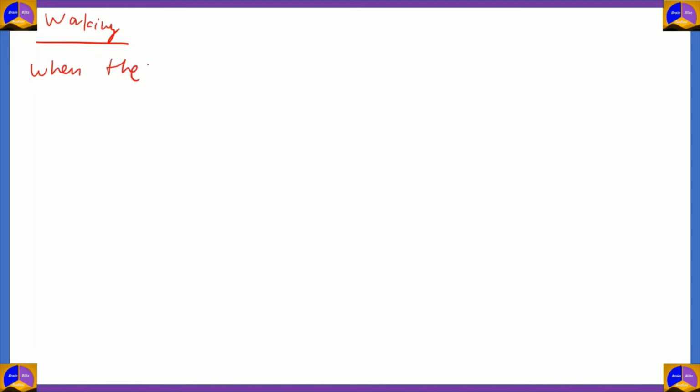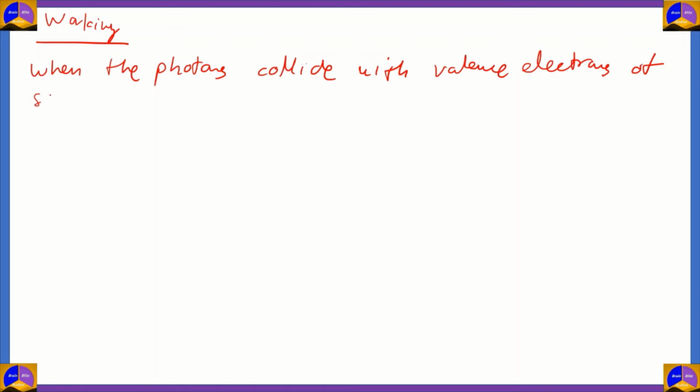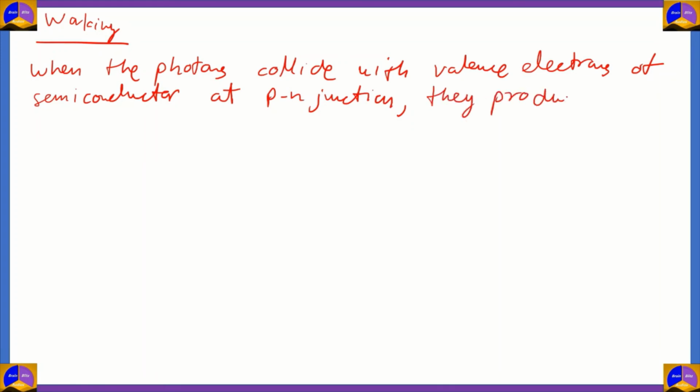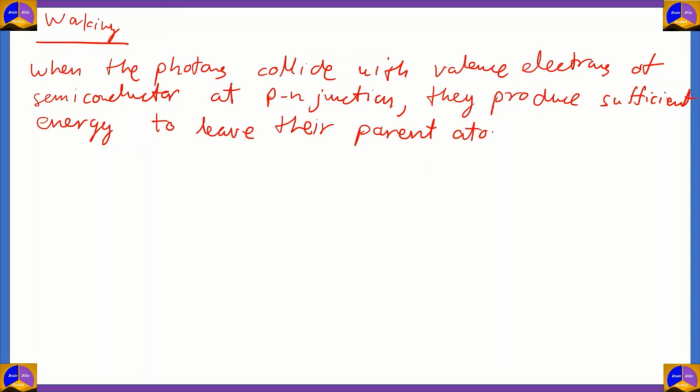When the photons of light collide with valence electrons of the semiconductor at the p-n junction, they produce sufficient energy to leave their parent atoms.